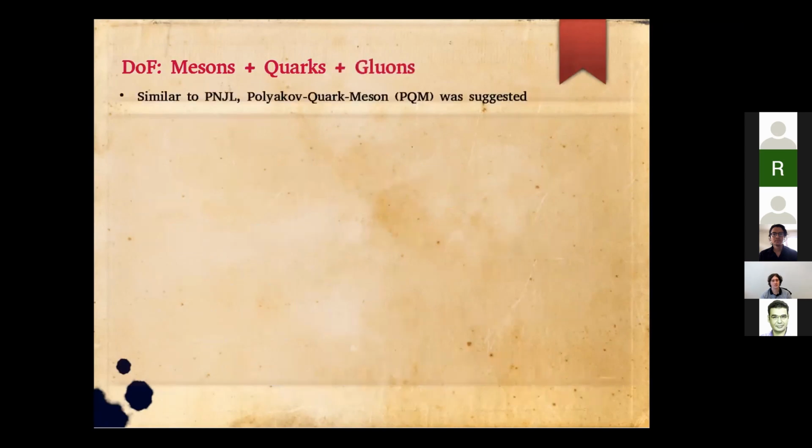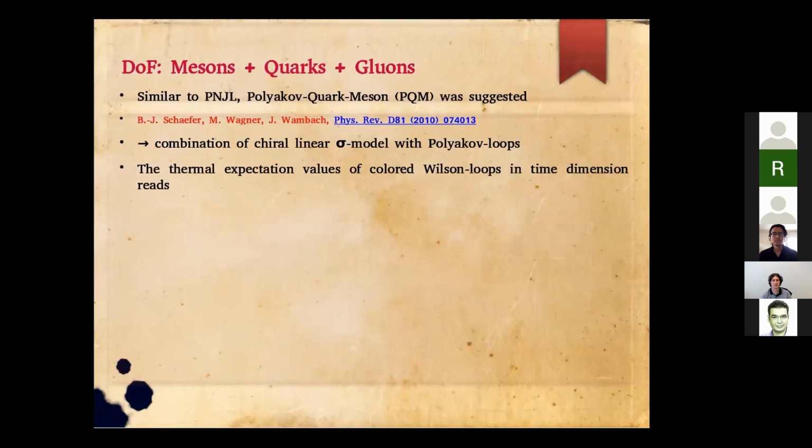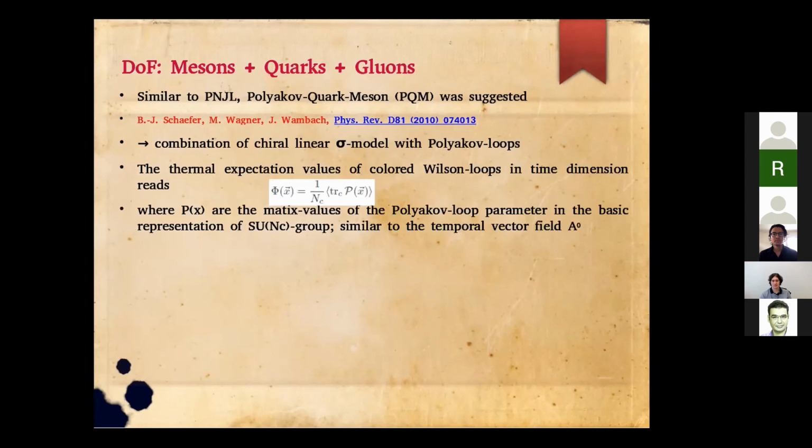Also, we could include the gluonic degrees of freedom using the Polyakov loops or the Polyakov potential, where the chiral linear sigma model is combined with the Polyakov loop model. The expectation value of the colored Wilson loop in the time dimension reads something like this, where P of X are the matrix values of the Polyakov loop parameter in the basic transformation as given here.